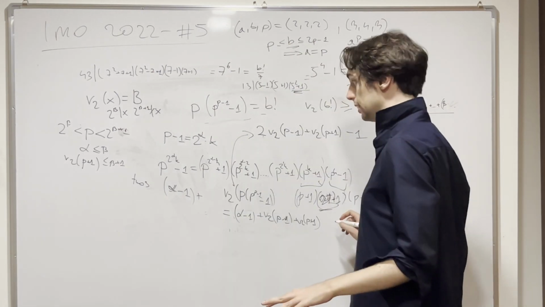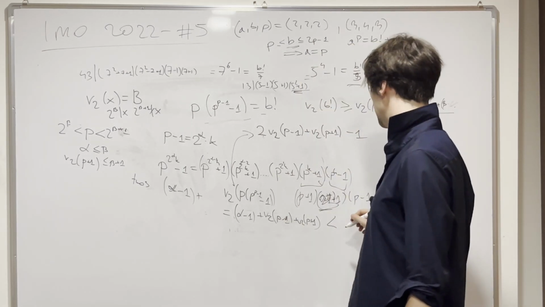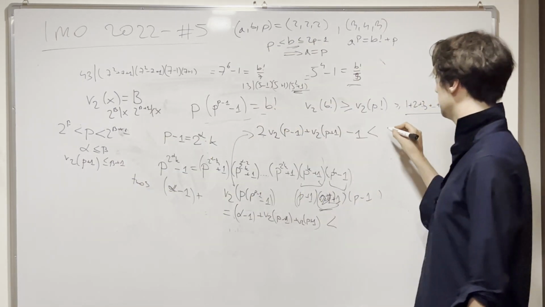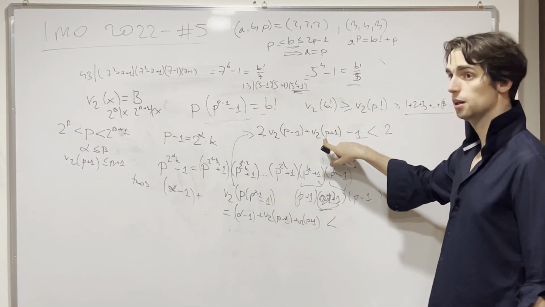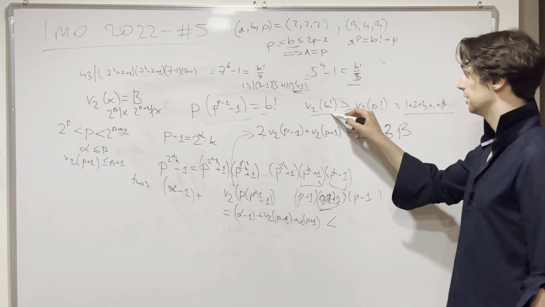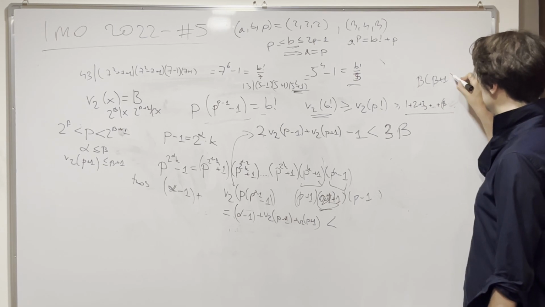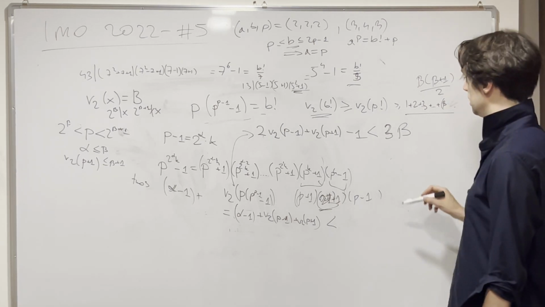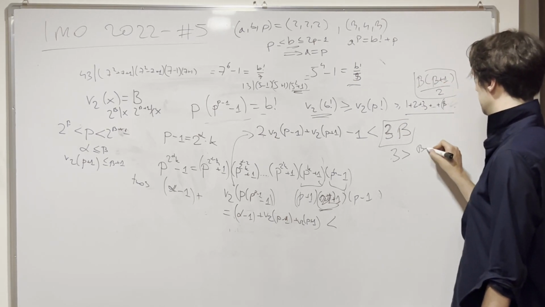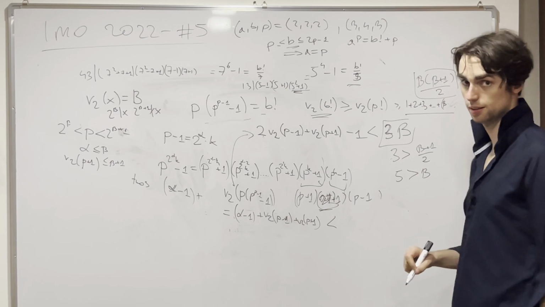So now all of this, or this thing over here I should say, is strictly less than 2 times beta plus beta plus 1, 3 times beta. And on the other hand, the number of 2's here is at least beta times beta plus 1 over 2. And we have this is strictly greater than this. In other words, 3 is strictly greater than beta plus 1 over 2.